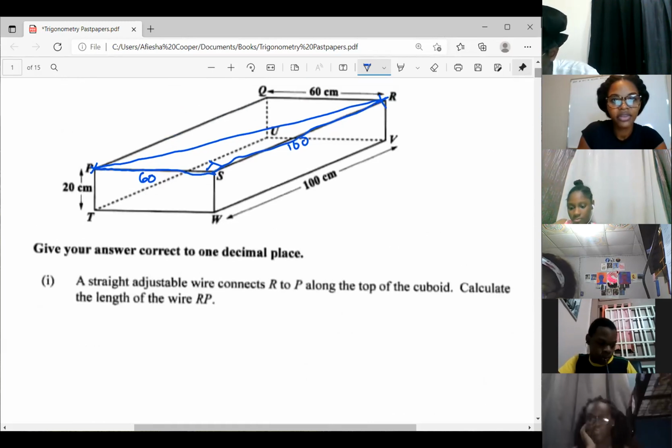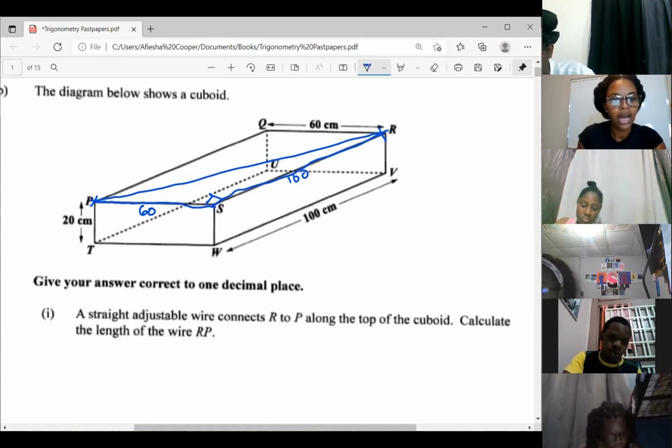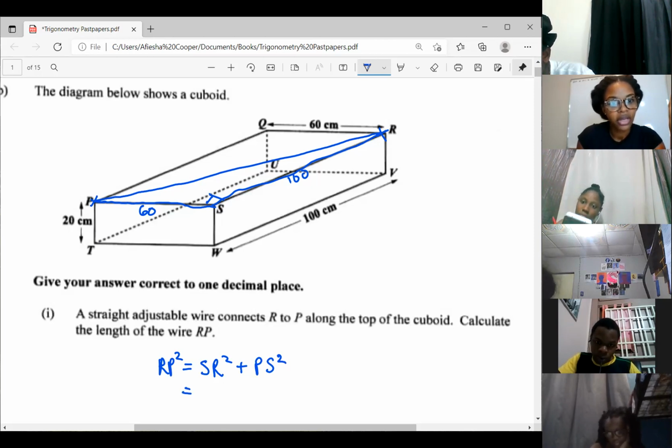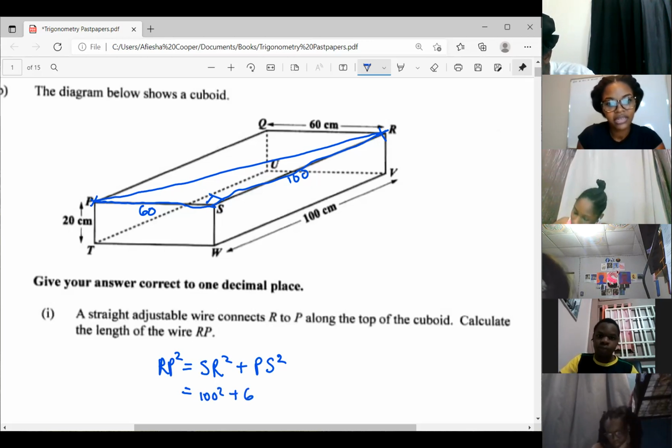So we can use Pythagoras theorem. Which line is the hypotenuse? RP. So RP squared is equal to SR squared plus PS squared, which is 100 squared plus 60 squared.